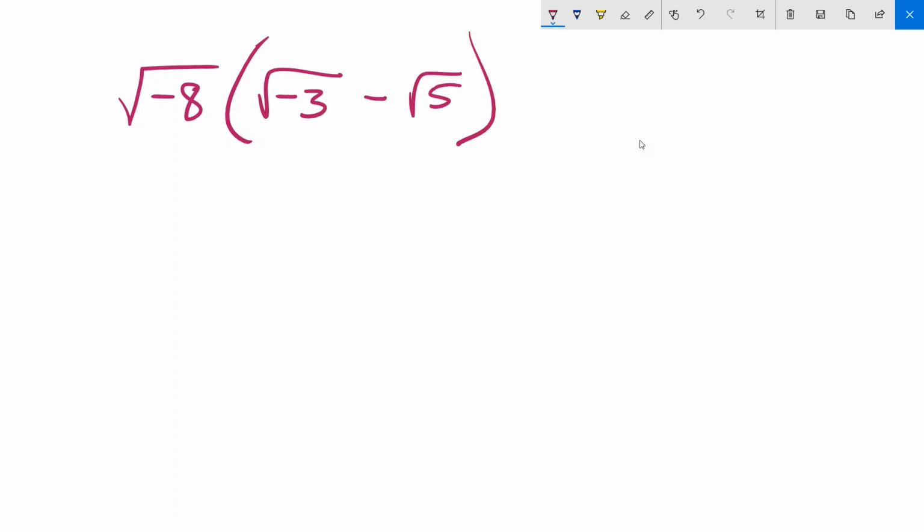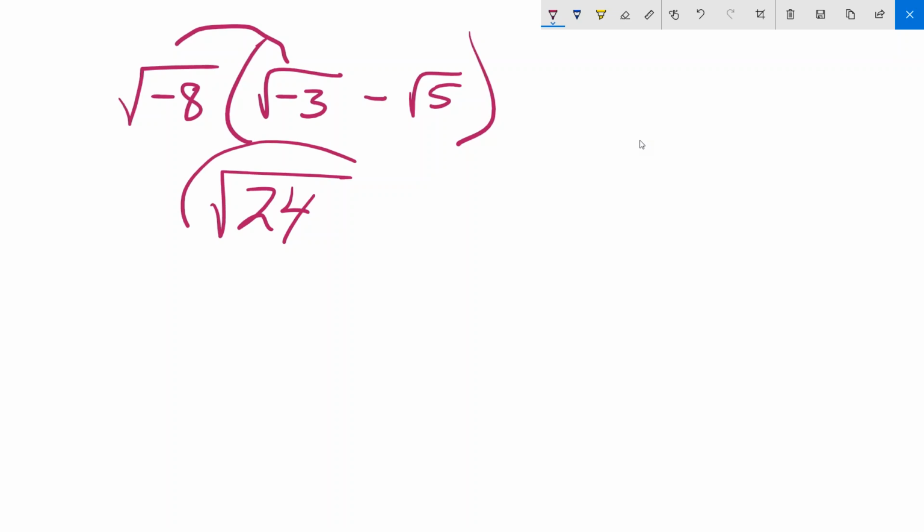Okay. Notice what happens if we don't turn these into imaginary numbers first. And you try distributing that. What do you get? You get -24. Negative times a negative is a positive. I see. In other words, you got to be a little careful.